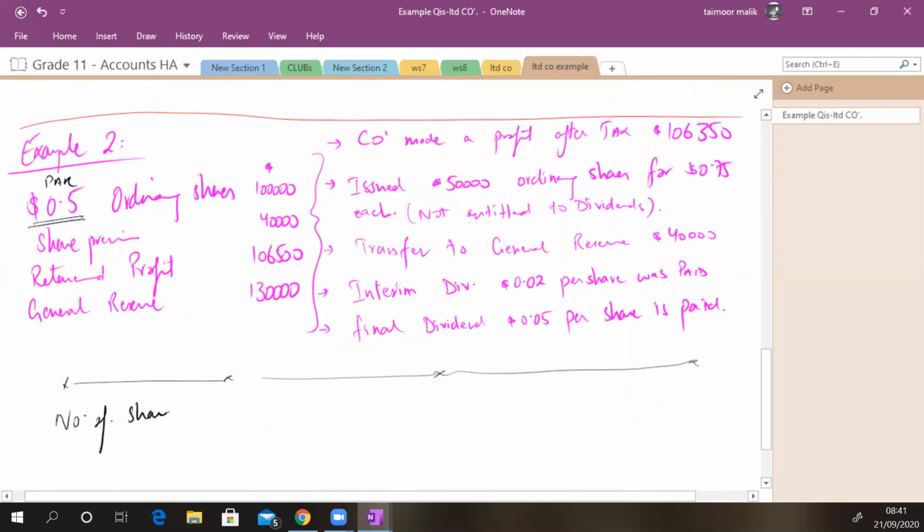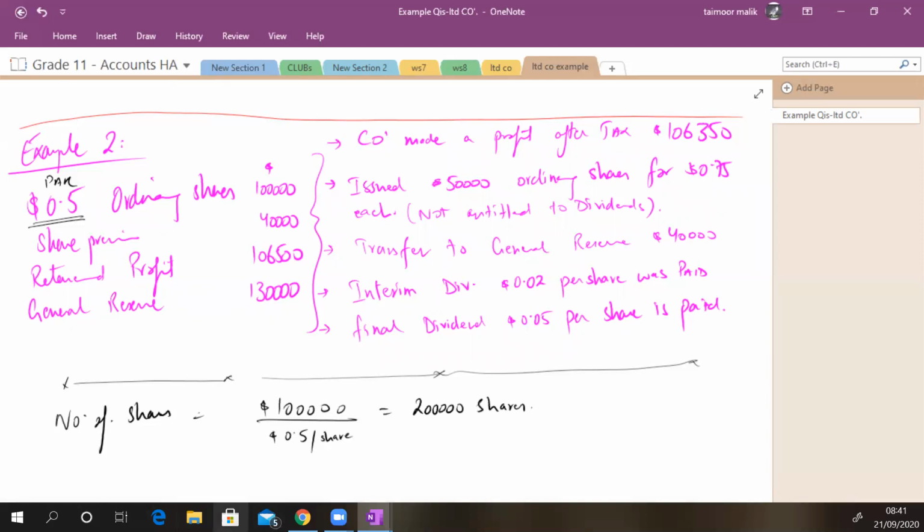Number of shares. The total value is 100,000 and par value per share is 0.5 per share. The total number of shares will be 200,000 shares. ठीक है?